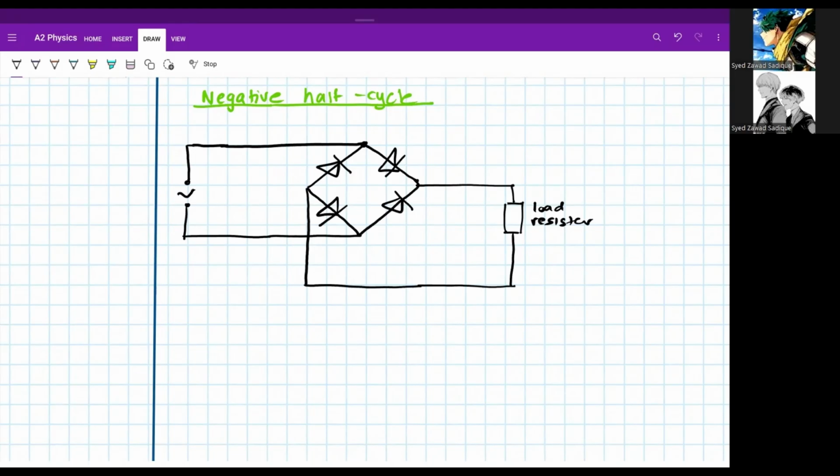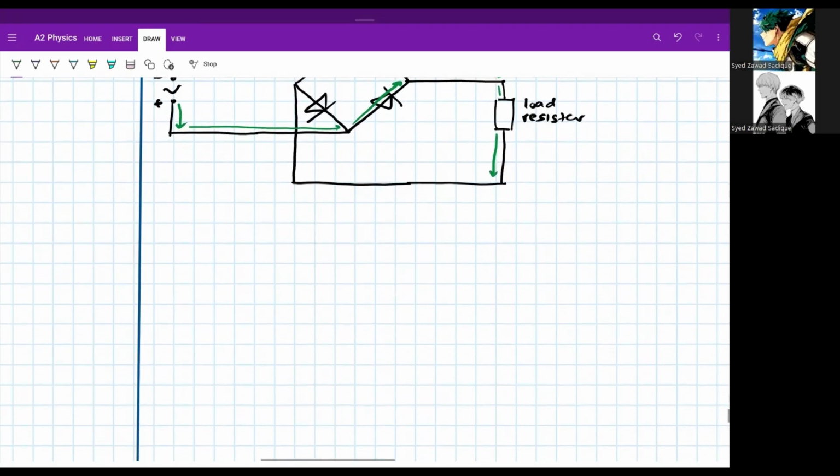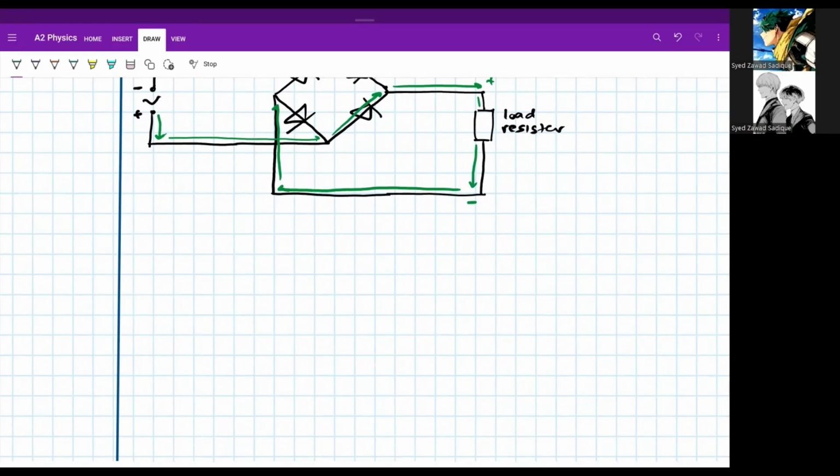Now, how does the negative half cycle work? In this instant, negative is going to go up, positive is going to go down. So the direction begins from this, goes down to the right, to the top, then goes here. This becomes positive, moves down, becomes negative. Oh, my bad, let me cut this out.